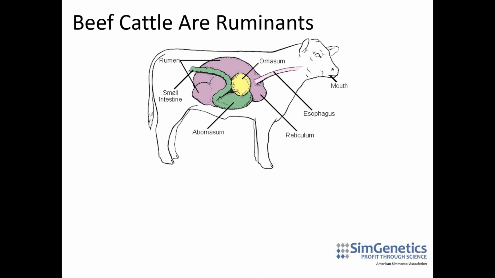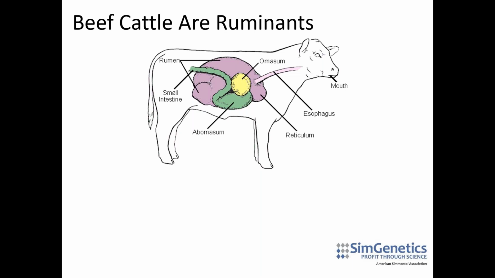Then she'll start the work of breaking down that feed into smaller particles when she regurgitates those boluses to rechew them and make those particle sizes smaller. That helps the rumen microorganisms get access and break down that feed so that the animal can use the nutrients from that forage, for example.